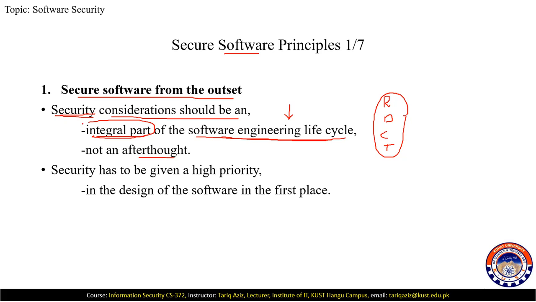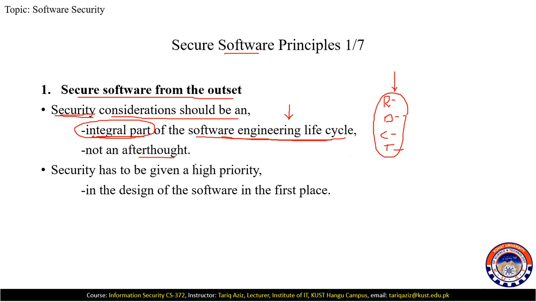If we start from the requirements, if we think about security at this step, and then at the designing step, and then at the coding step, and finally at the testing step, it means that we are taking security seriously throughout the software development life cycle. So after this, your software will be secure software.